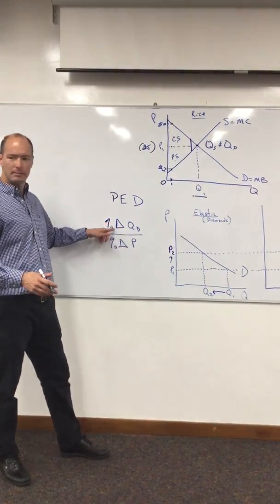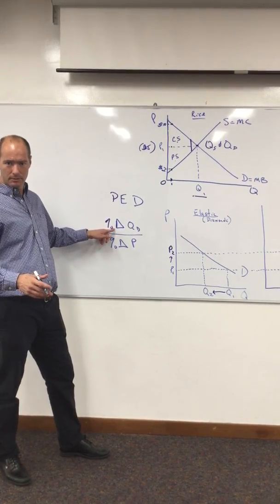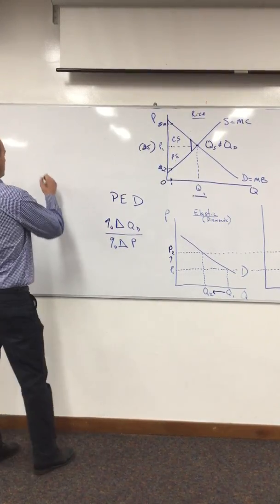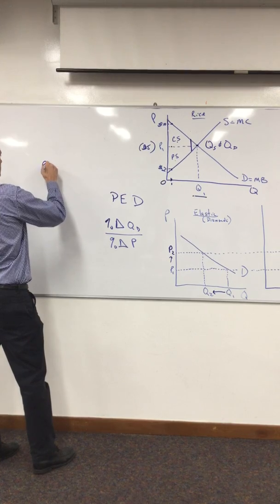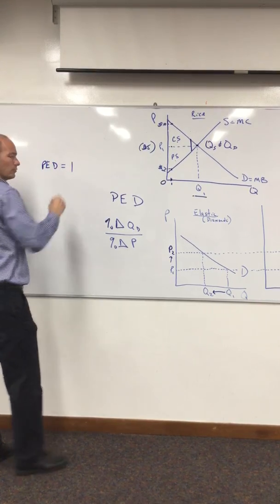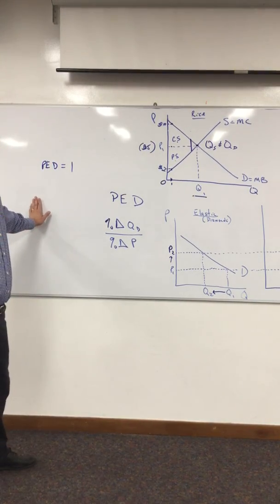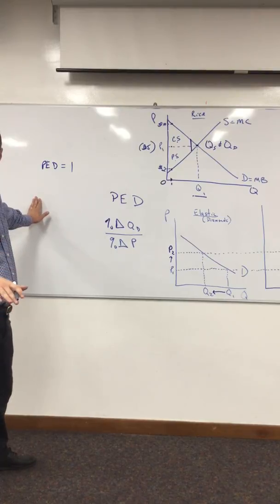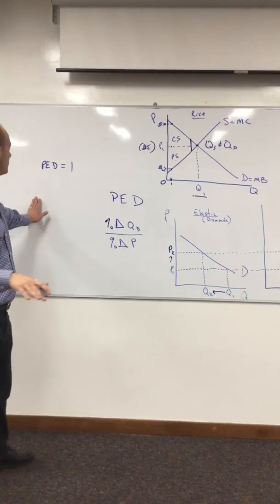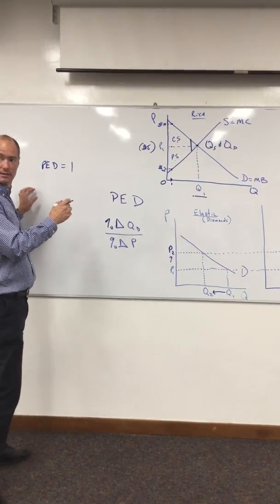If you then just plug them into this equation, if the PED equals 1, that's a 1-for-1 change, a 1% increase in price would cause a 1% decrease in quantity demanded. We would say that that good is unit elastic.